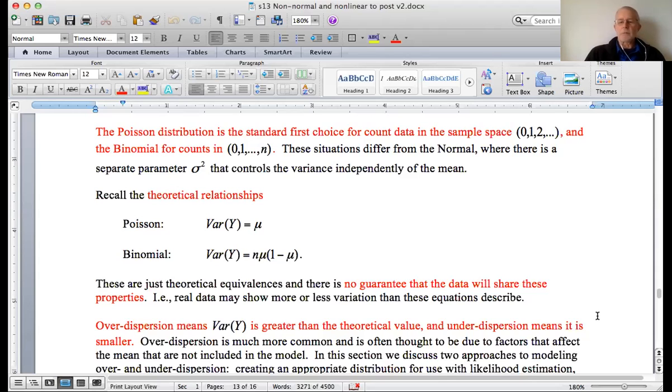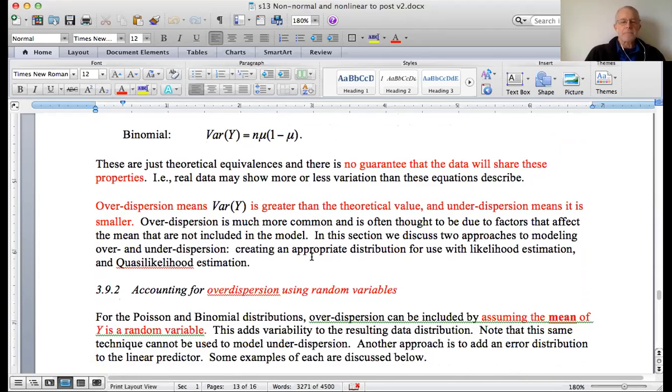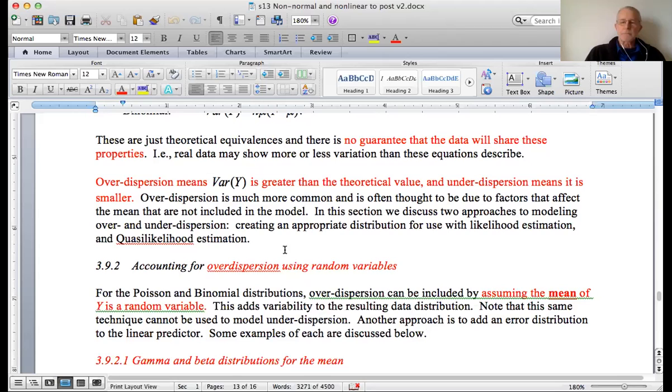We need a way to break this bond, this link between the mean and the variance, which also happens with the binomial, right? The variance is n mu times 1 minus mu. So both of those have that strict link. Over dispersion means that the variance is bigger than the mean. Under dispersion means it's smaller than the mean.